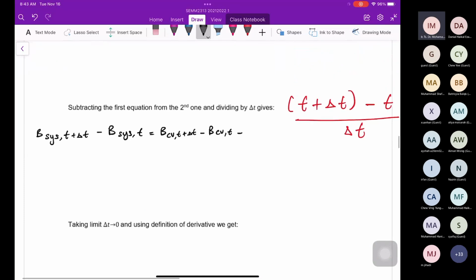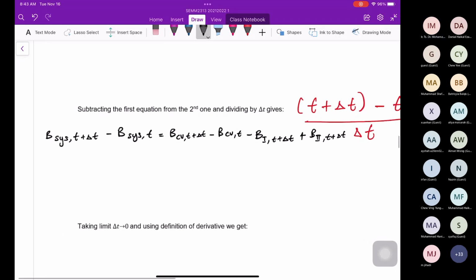And then what remains is only B region 1 at t plus delta t plus B region 2 at t plus delta t. So I divide all of this, the left and the right side, by delta t.